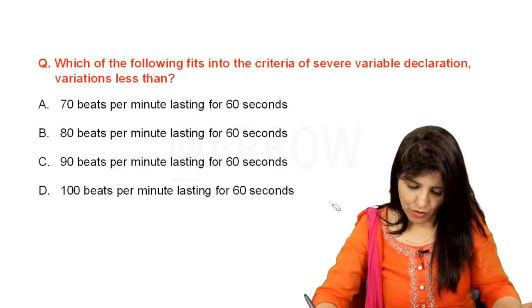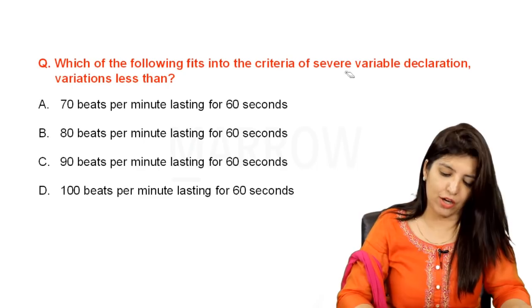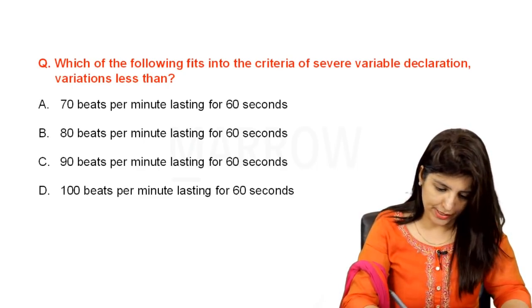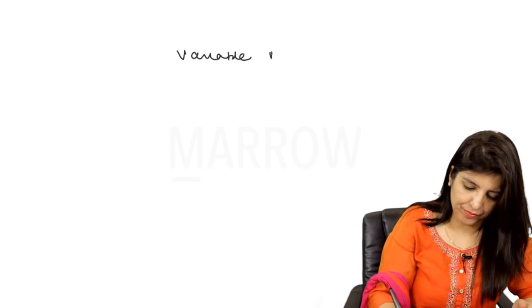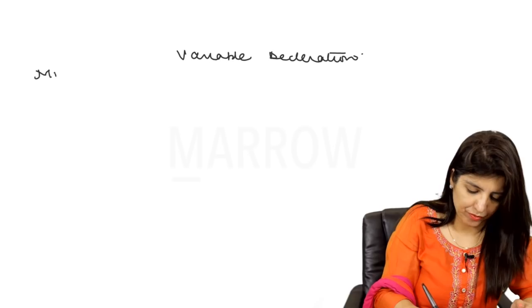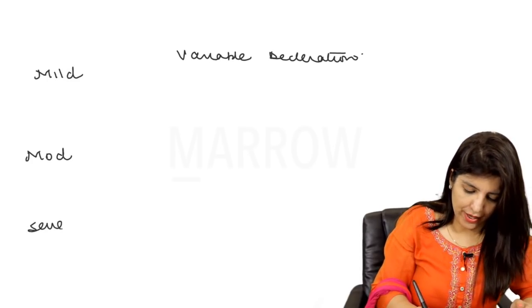Now one question. So this is an AIIMS question. Which of the following fits into the criteria of severe variable deceleration? So variable deceleration can be classified as mild, moderate and severe. Right?